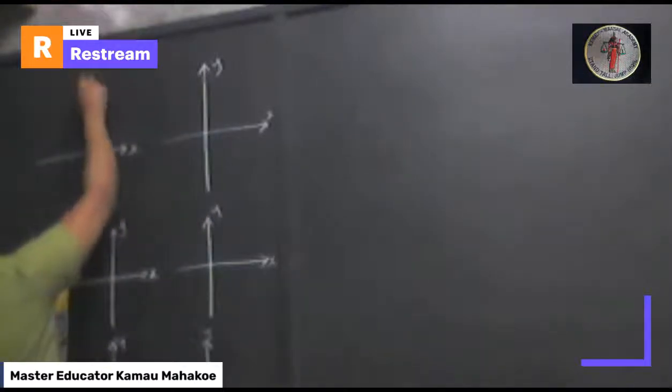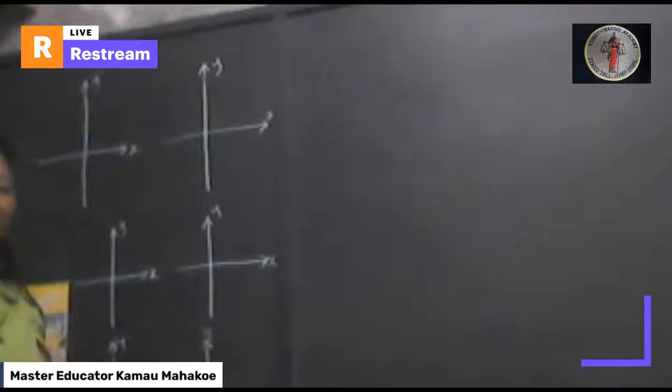Alright, so there we go. So we have 6 coordinate planes. When we get down to the bottom, I'll shift so you can see.